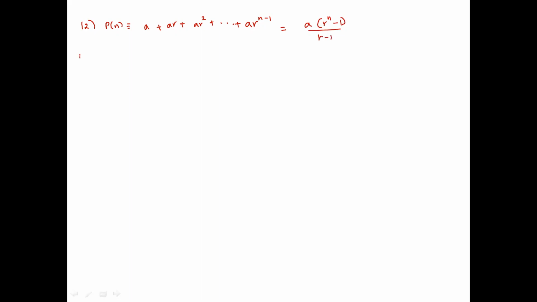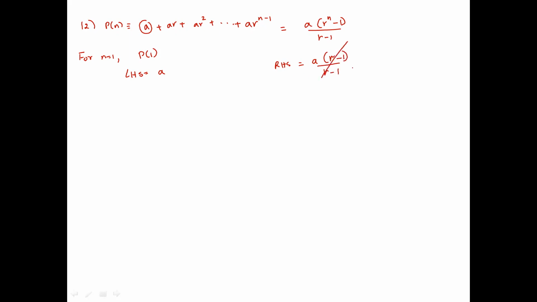So first for n equal to 1, we will take P of 1. First we will take LHS, that is the first term a. In RHS, when you put n as 1, you have a into r power 1 minus 1 by r minus 1.